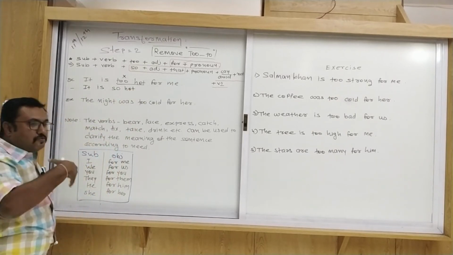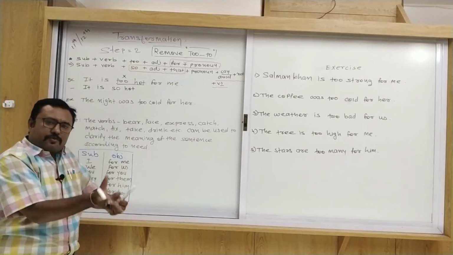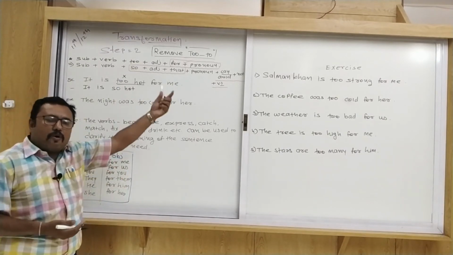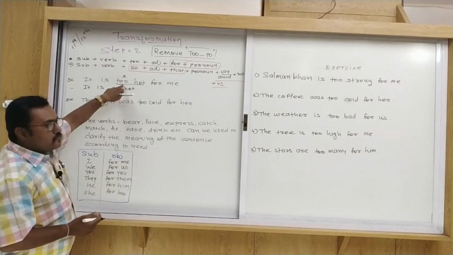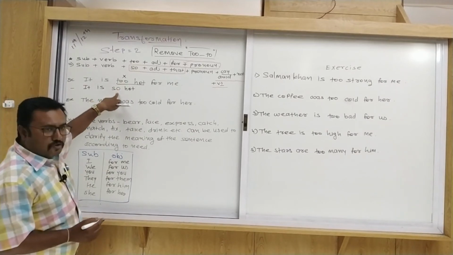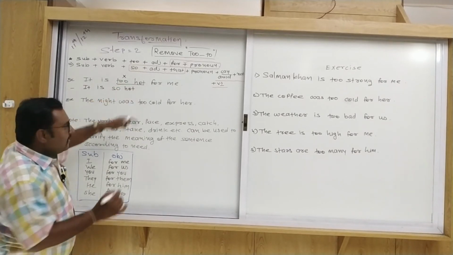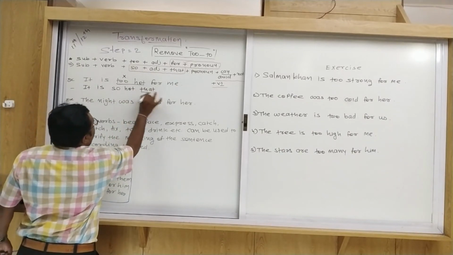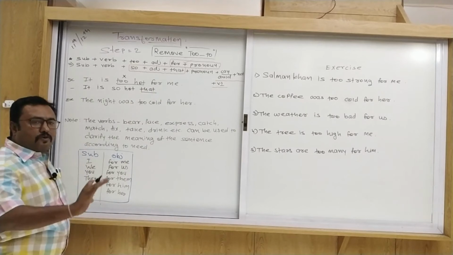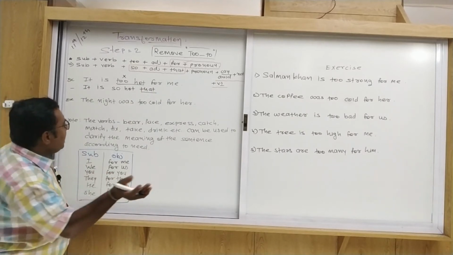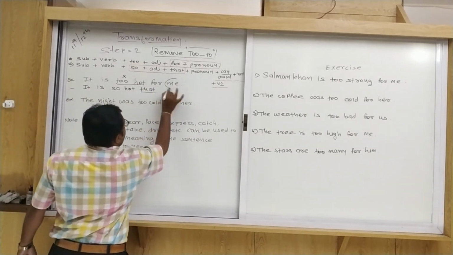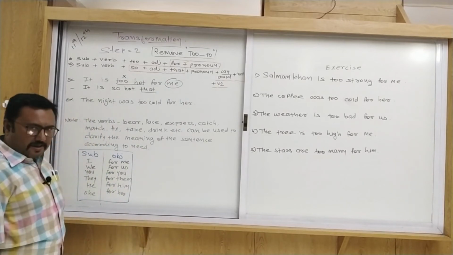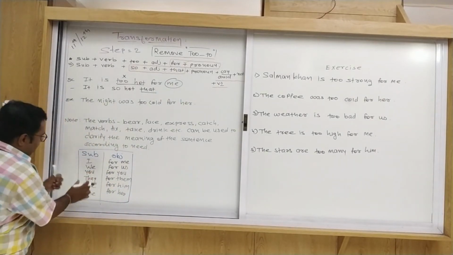We remove too and write so, the adjective stays the same, and as a conjunction we write that. So it is so hot that. What is the pronoun here? Me.